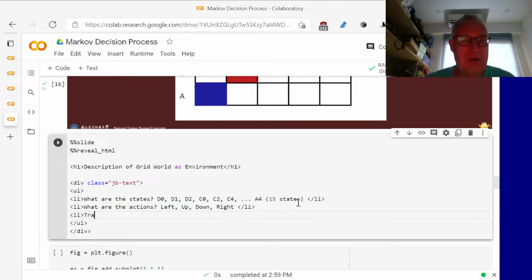So, transition function. What is the transition function?